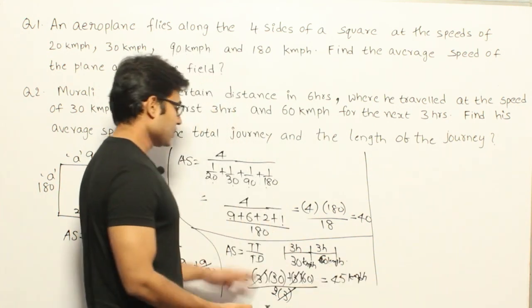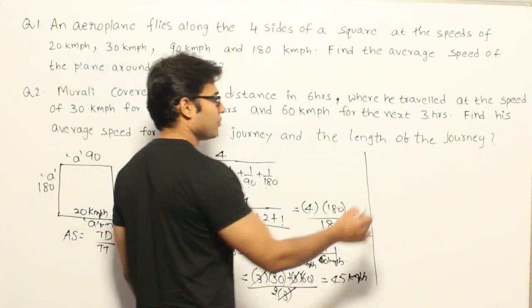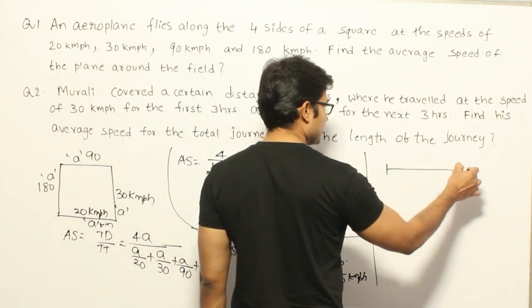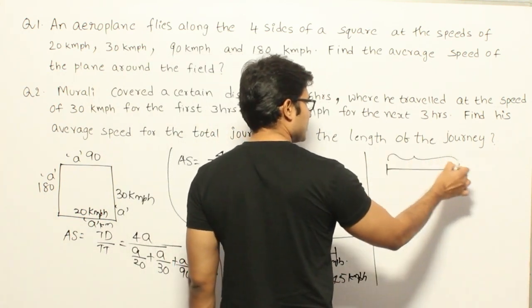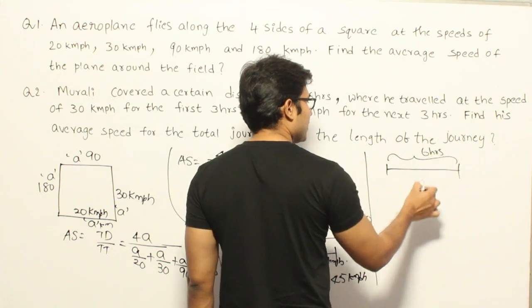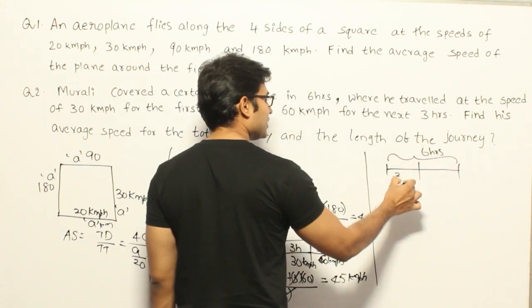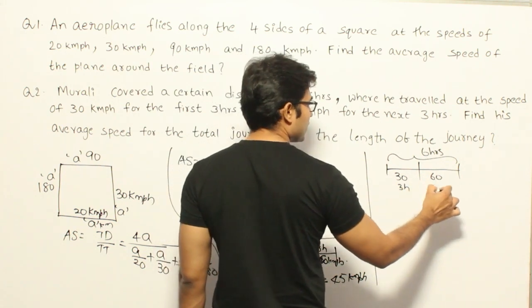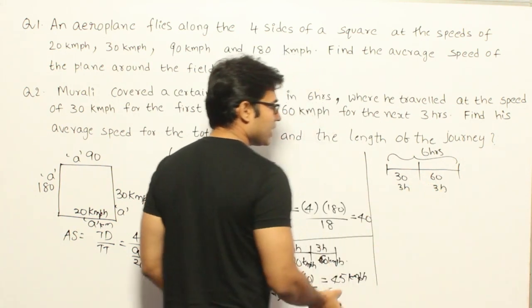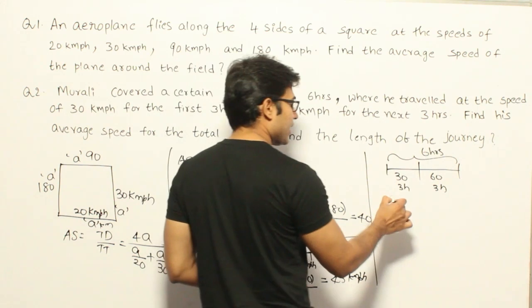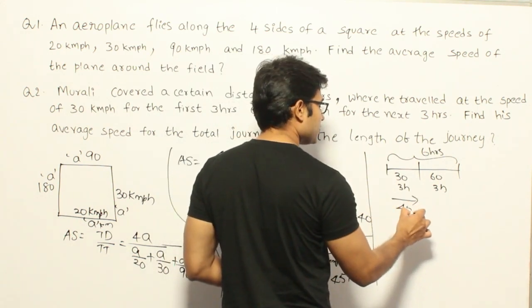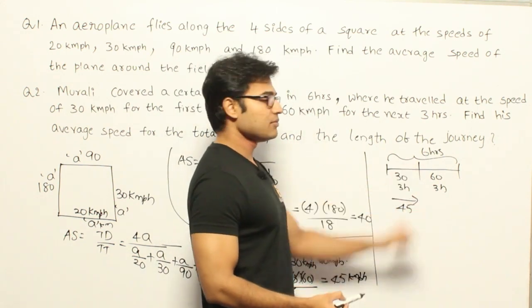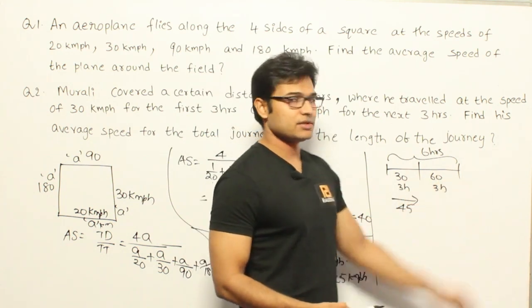Now, what is the meaning of this? Murli has covered some distance in 6 hours by traveling at a speed of 30 for the first 3 hours and 60 for the next 3 hours. Instead of this, if he would have traveled at a speed of 45 kilometers per hour, he would have taken the same time for the entire journey, right?